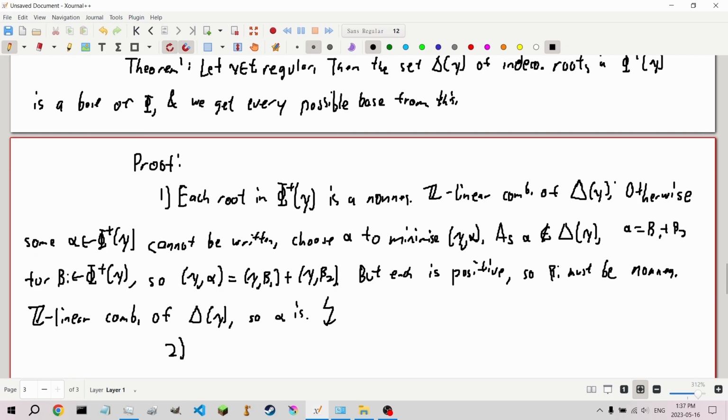Part 2. If alpha and beta are in delta of gamma, then we want to prove that the form of alpha and beta is non-positive, unless alpha is beta.